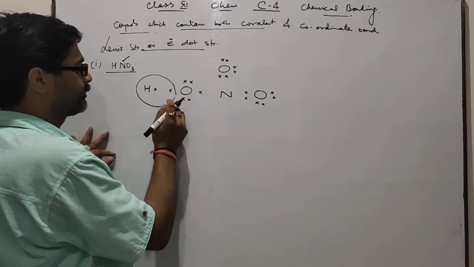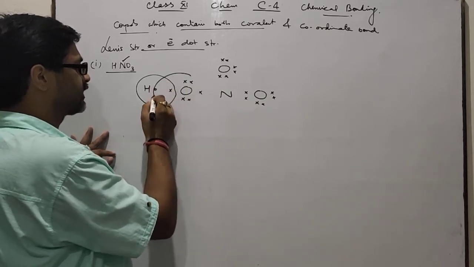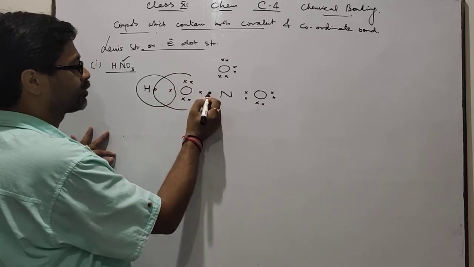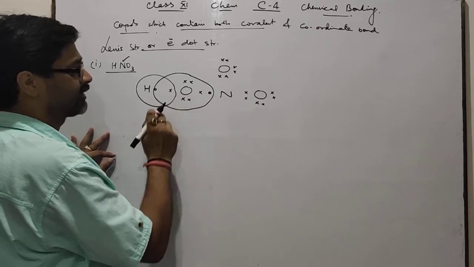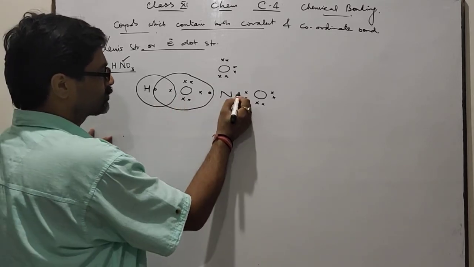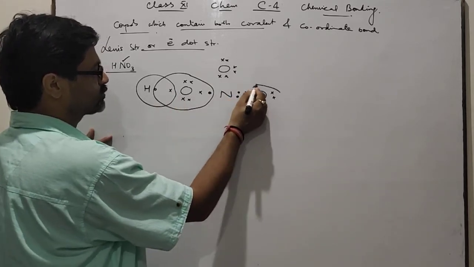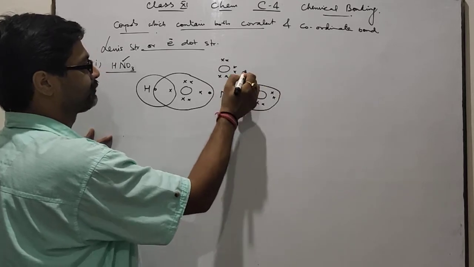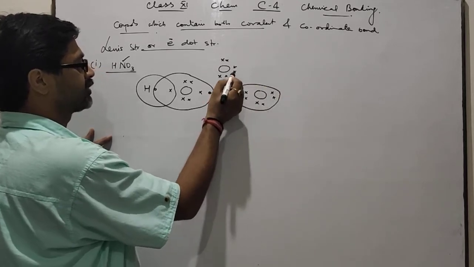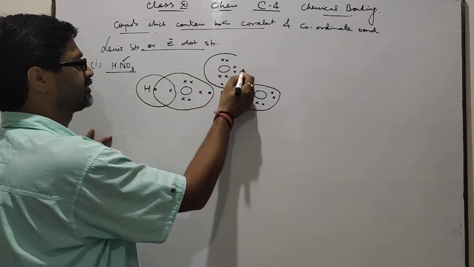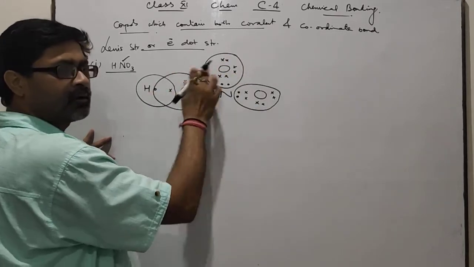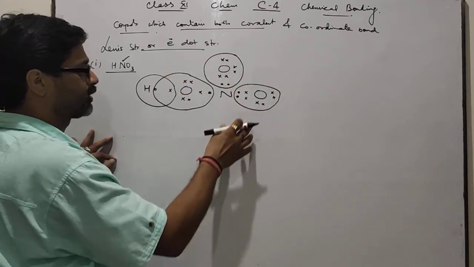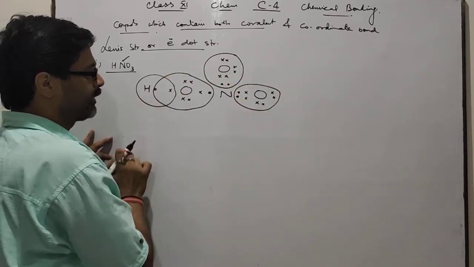This oxygen atom shares 1 electron from this hydrogen and another electron from this nitrogen, and in this way it completes its octet. This oxygen also shares 2 electrons with this nitrogen atom, and this oxygen atom also shares its 2 electrons like this. In this way all these atoms complete their octet, and hydrogen completes its duplet.